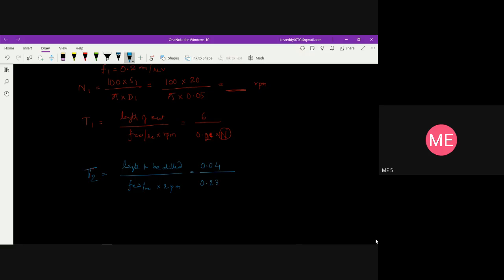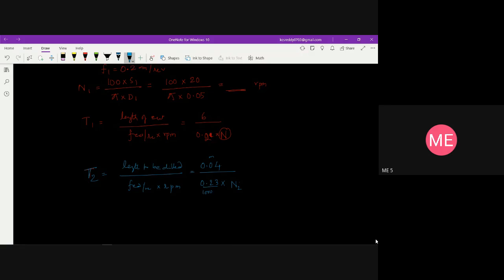So it has to be converted into meters per revolution, so we divide 0.23 mm by 1000, into N, the RPM which you have obtained. For this it is going to be different.